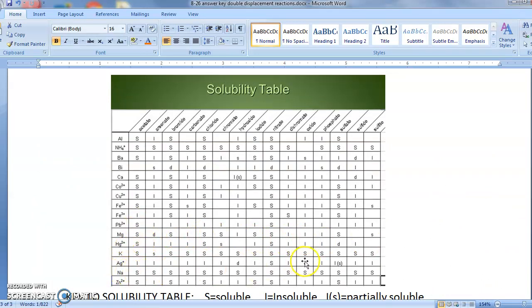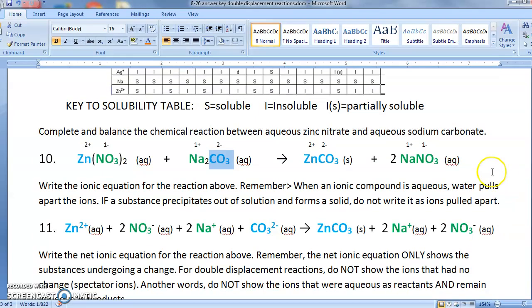Right here. The nitrates are right down here. There it is. They are S standing for soluble, so they'll remain in solution. The zinc carbonates will precipitate out of solution, satisfying one of the three driving forces. So this will be a double displacement reaction. That's the chemical equation for it.